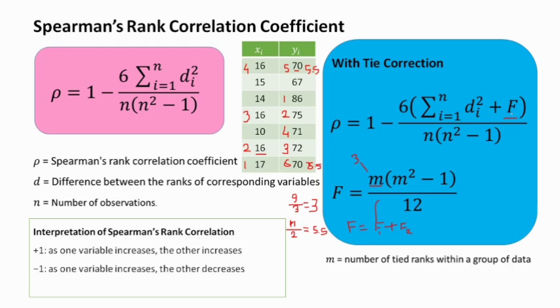Minus 1 also indicates a strong correlation, but it is a negative correlation: as one variable increases, the other variable decreases. And the zero value indicates that there is no correlation between the two ranks. In this way we can interpret the Spearman's rank correlation.